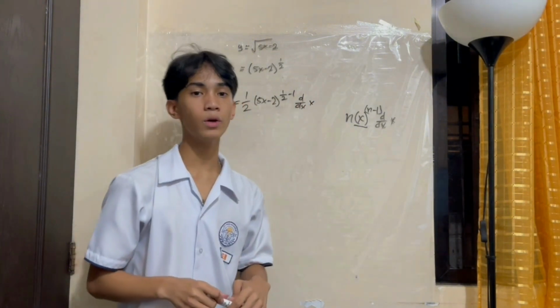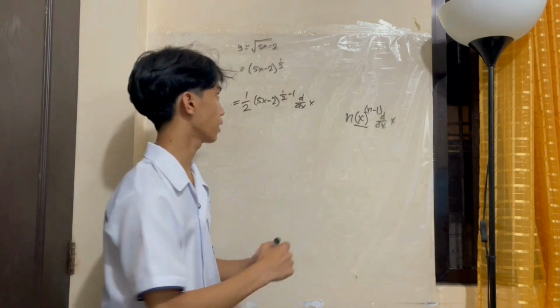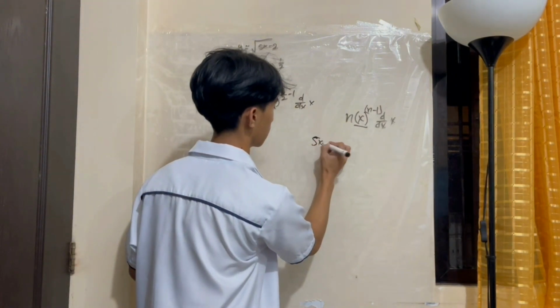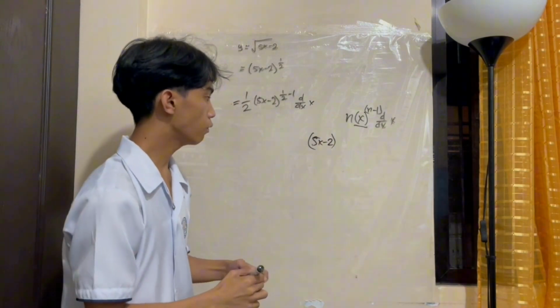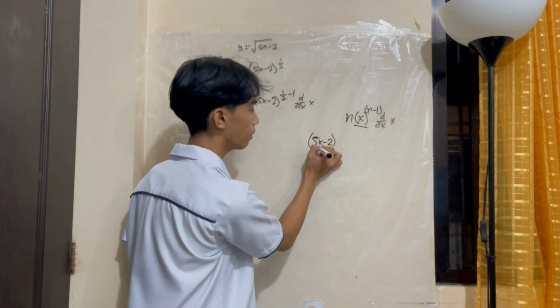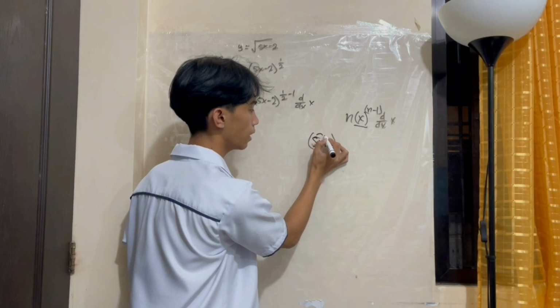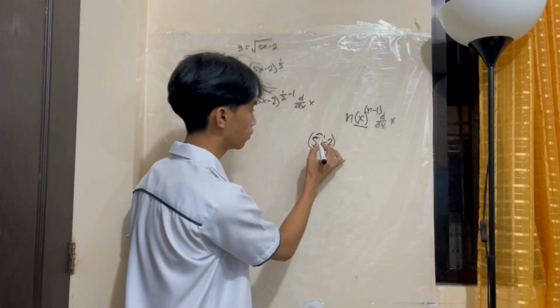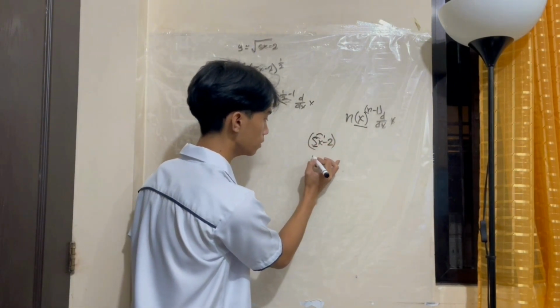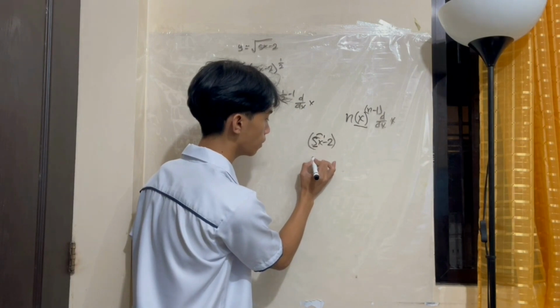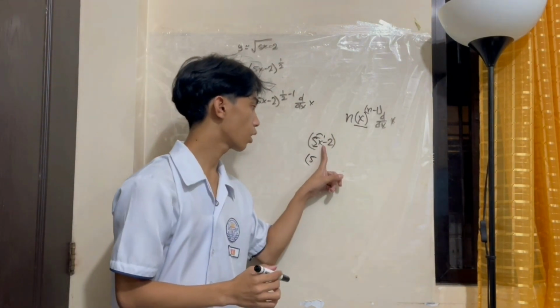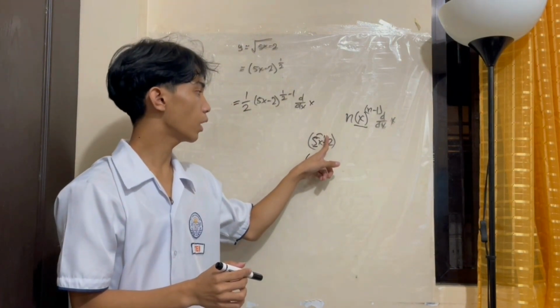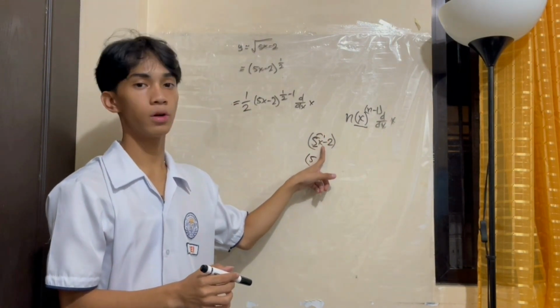Now, how are we going to get the derivative of 5x minus 2? First, we have to multiply the whole number to its variable exponent, which is 1. So 5 multiplied by 1 is 5. Then next, we have to subtract 1 from the exponent of the variable.